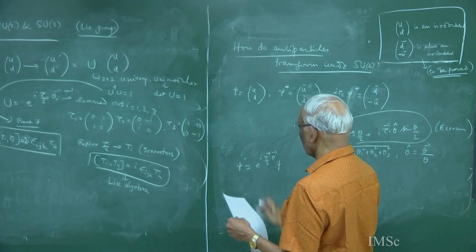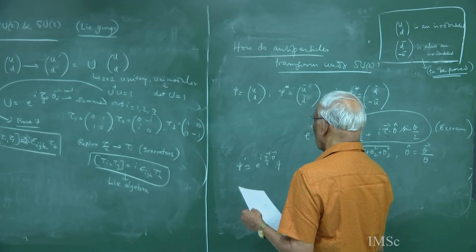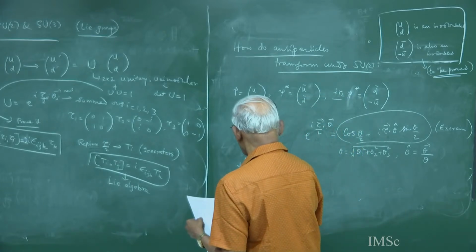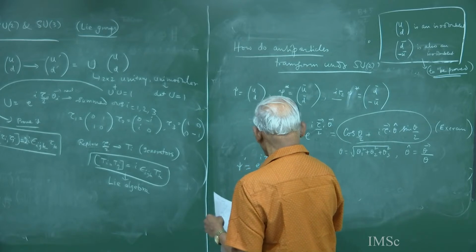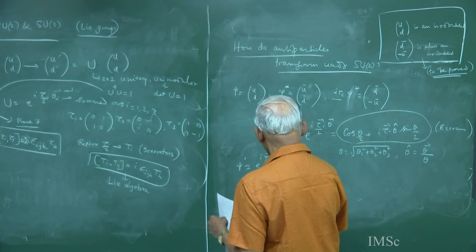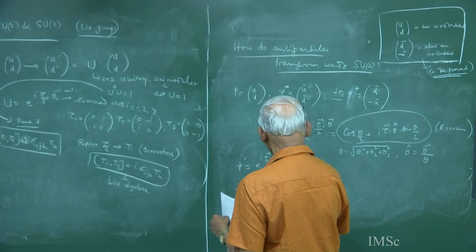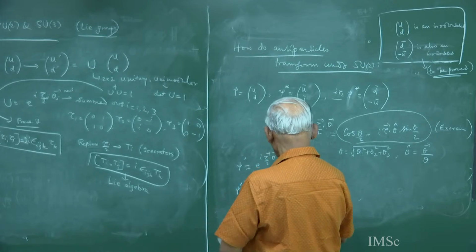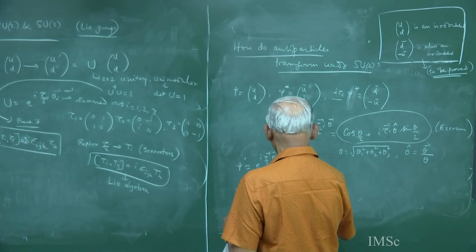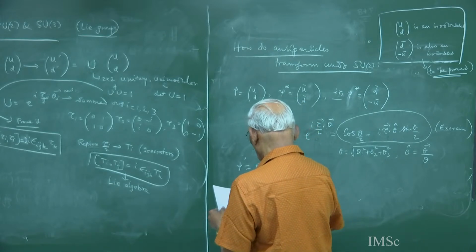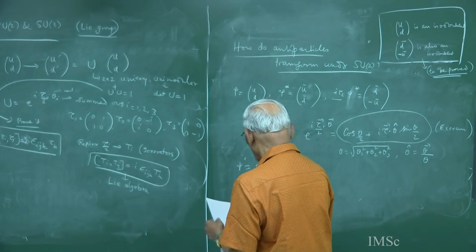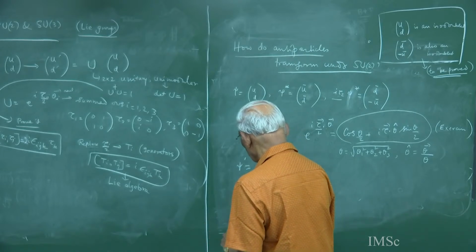The same thing I have written here in a different notation. So take psi prime star first, which will be e to the power i tau star divided by 2 dotted with theta, acting on psi star, multiplied by tau 2. This is the important step.